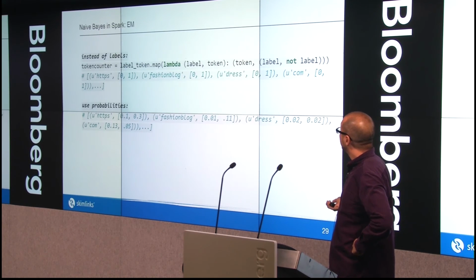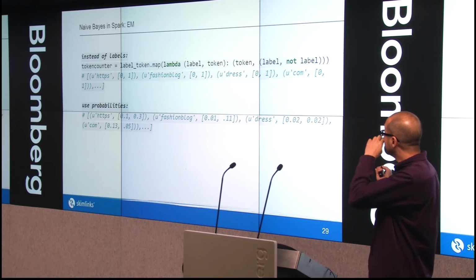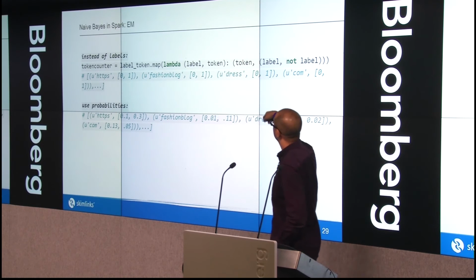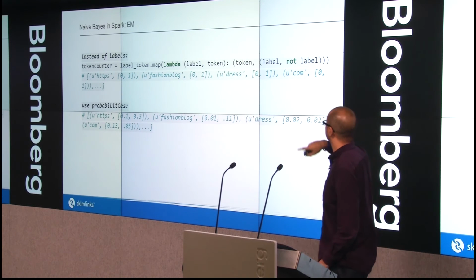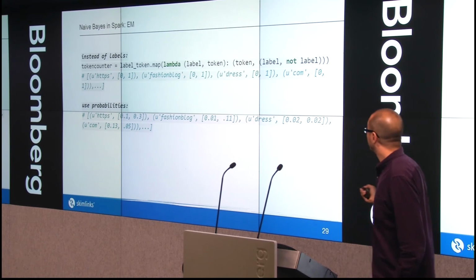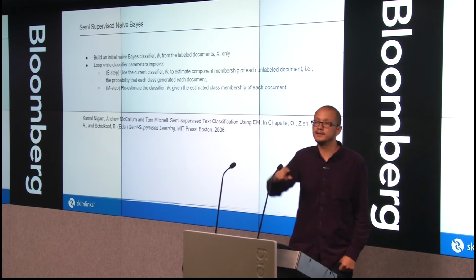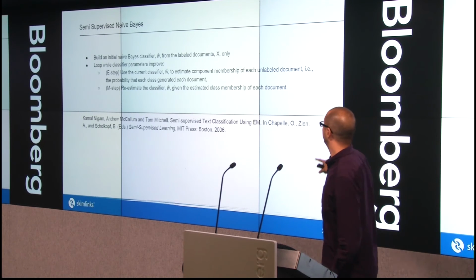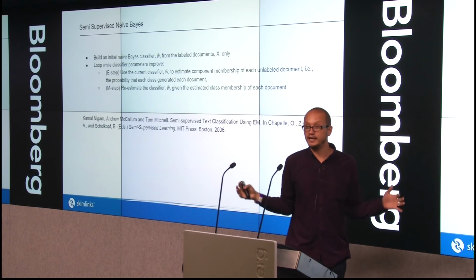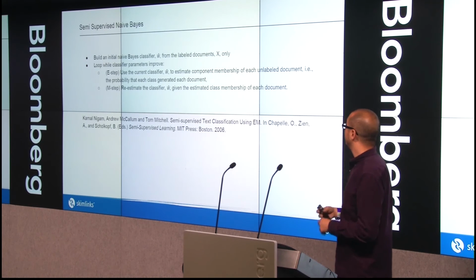So the only modification for the naive Bayes implementation that I gave is that instead of now using these ones and zeros as class membership, you have these probabilities. So you go through this step where you estimate what the probabilities of class membership are, and then you re-estimate again using the new labeled, this kind of artificially labeled training set, which is really cool.